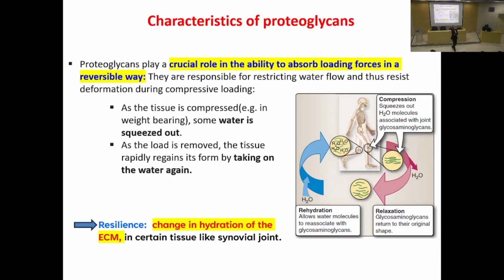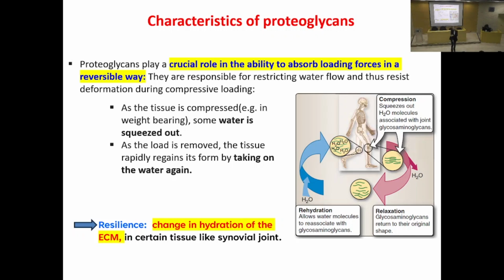This fluid is called synovial fluid. Okay? This synovial fluid in the articulation here is very rich in proteoglycan. Since it is rich in proteoglycan, and the proteoglycan is made of hyaluronic acids, this leads to accumulation of water in the structures of proteoglycan.